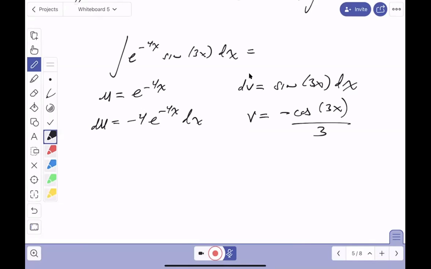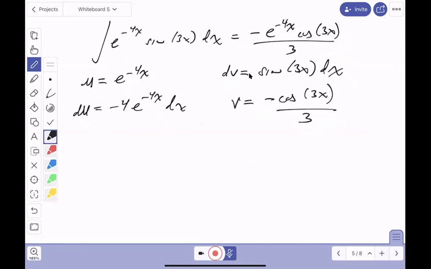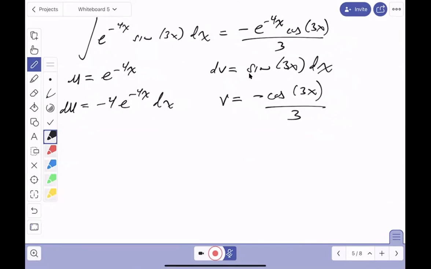All right, let's write that down. So what do you get over here? You would get, let's see, minus e to the minus 4x cosine 3x over 3. You got that part. Minus and minus is a plus. I got another minus over there. So it's going to be minus, it's going to be tough, 4/3.